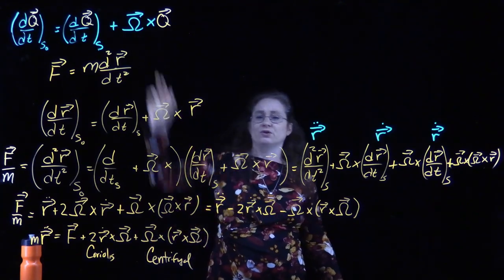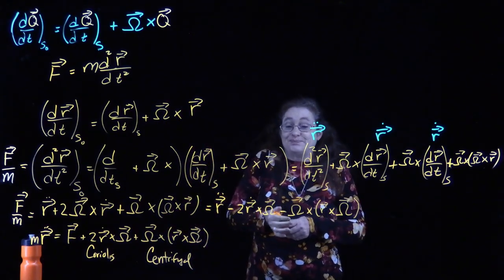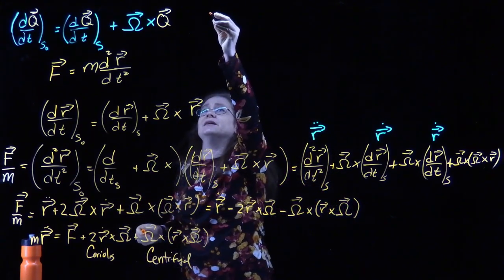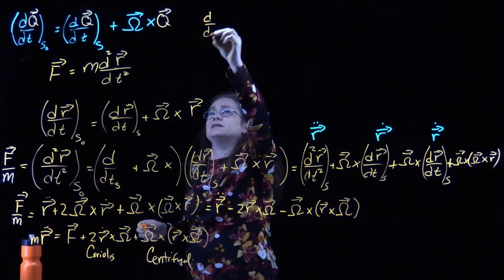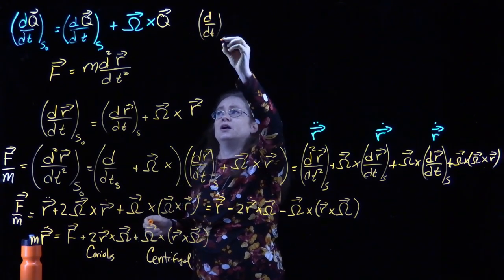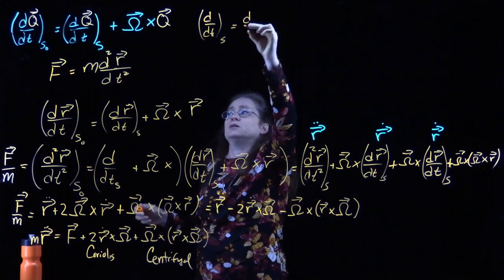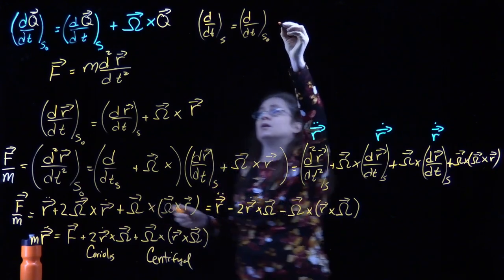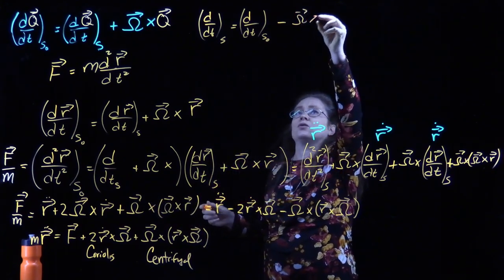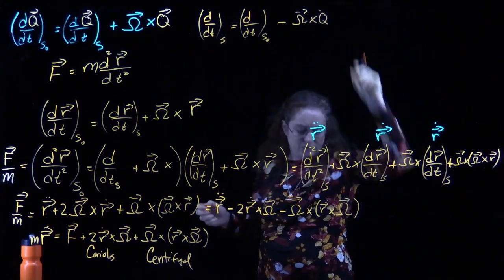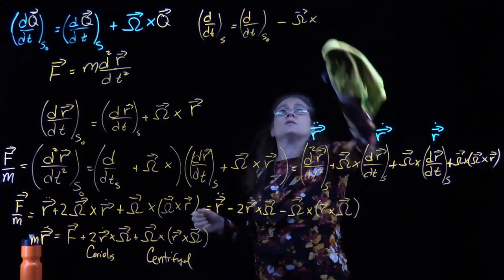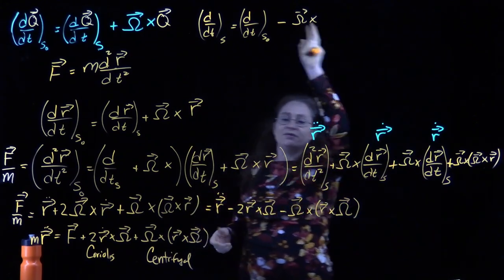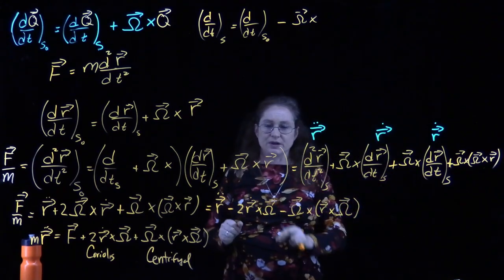Or you switch the order of the cross products earlier on. So how you do that is write this operator as d/dt in the non-inertial frame is equal to d/dt in the inertial frame minus omega cross the vector. And still, if you want everything to have positive signs, then you would have to rearrange the vectors a little bit.